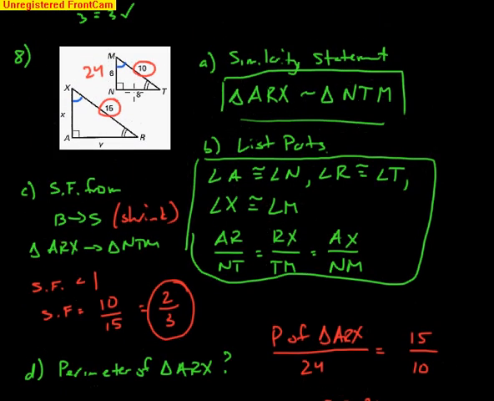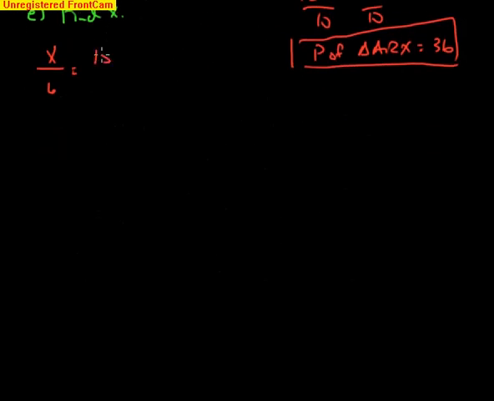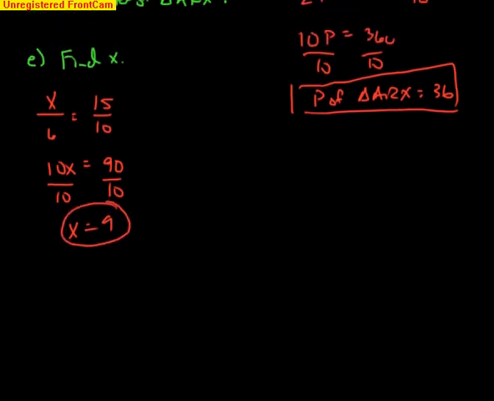That's equal to, and now we must use the common ratio, the one that we have between each figure. X started, so 15 must be on top, 10 on bottom. And we cross multiply and solve. 10 times x is 10x. 6 times 15 is 90, and we divide by 10. X is going to be 9.